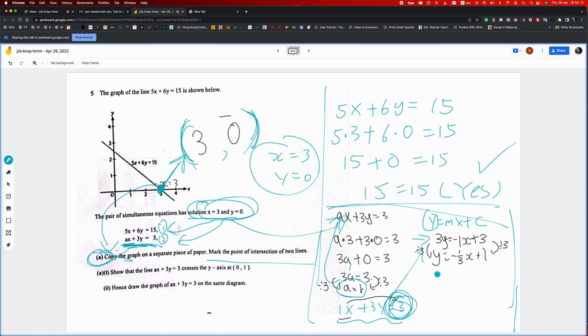What's the y-intercept in this case? Write it down. M equals, C equals. Okay, very good. So how do you draw this?